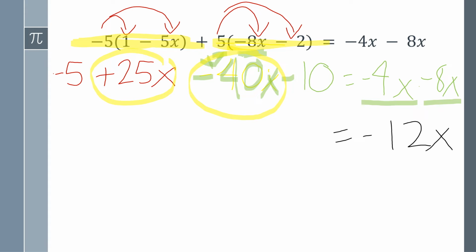So 25 minus 40, I'm gonna end up with a negative 15x.